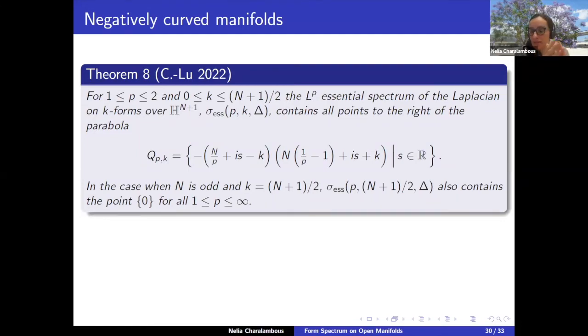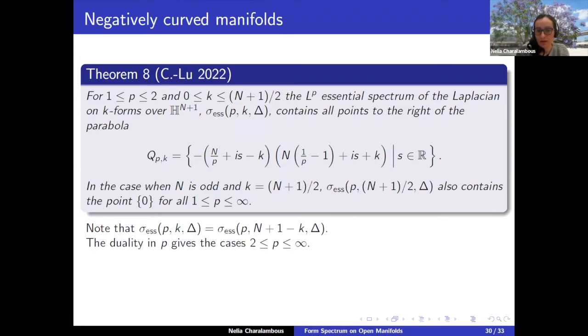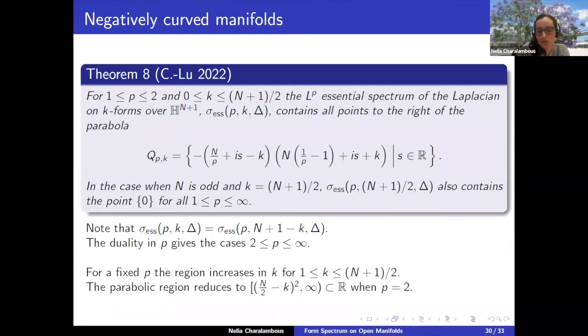And again, in the half dimension, when n is odd, it will also contain 0 for all p. The parabola I wrote here is for k smaller than half dimension and for p from 1 to 2. For everything else, you get it by duality. Note also that for a fixed p, the region increases in k up to half dimension.